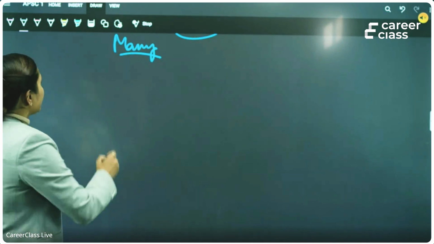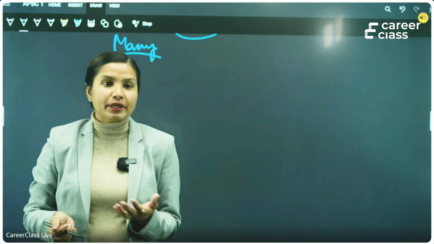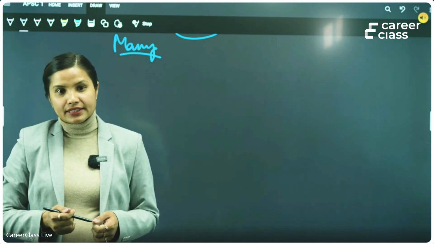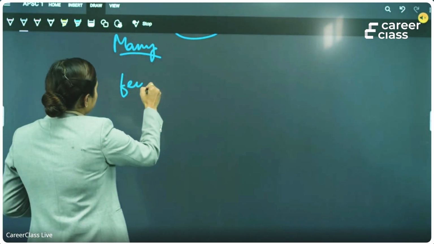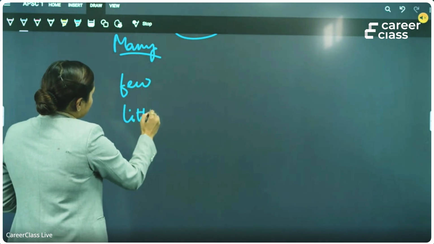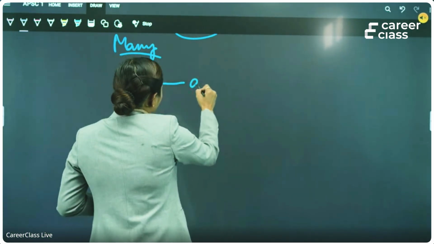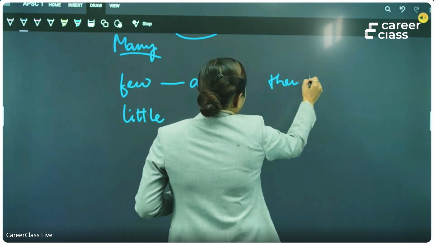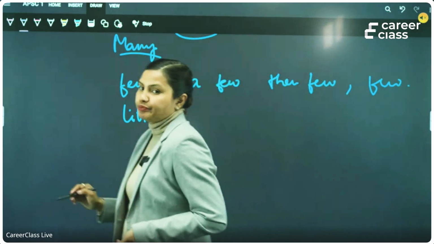Okay, can you give me some more examples which sound similar but carry different meanings? Few and little. What is the difference? Few, we also express it as a few, the few, and only few. What is the difference between the three?